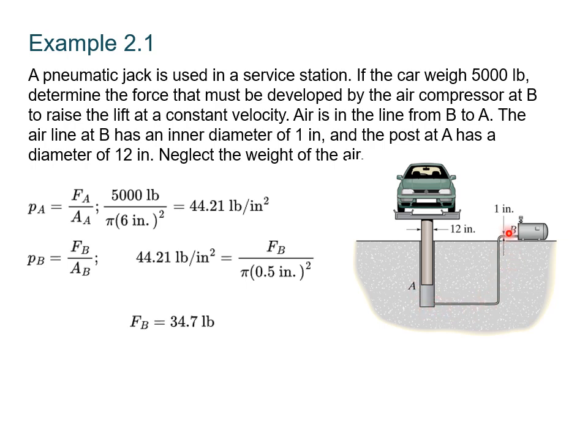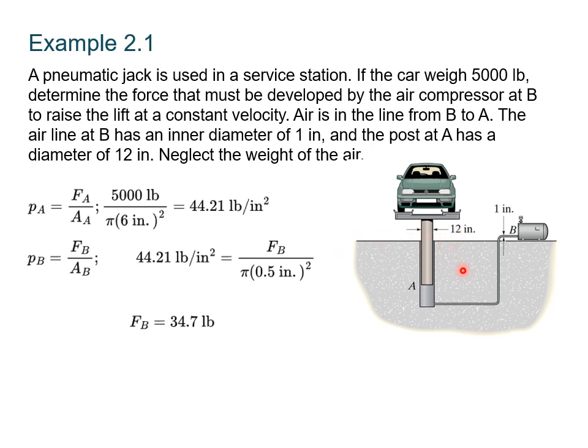Now typically, if it was oil or something like that, you couldn't do that, but in this example, he's going to use air. So he says the air line at B has a diameter of 1 inch, and the post at A has a diameter of 12 inches.